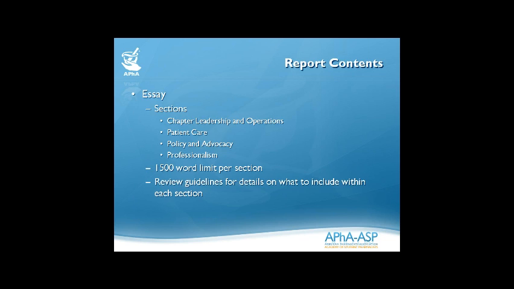They each have a 1,500 word limit, so each section 1,500 words only. If you don't use all 1,500 words for one of the sections, you can't carry over those extra words to use in another section. So 1,500 per section. Make sure that you do utilize those 1,500 words for each of those sections.